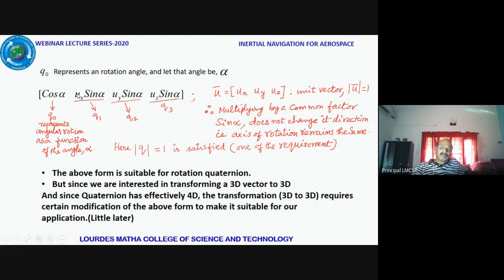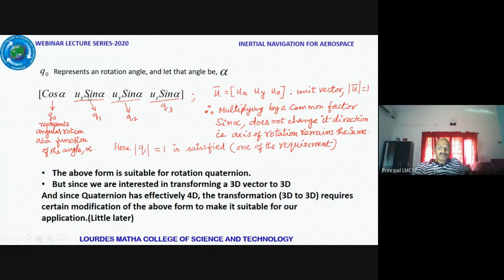Remember, ux, uy, uz is a unit vector, and multiplying all the elements by a common factor does not change the direction of this vector, because sin alpha is common to all three elements.